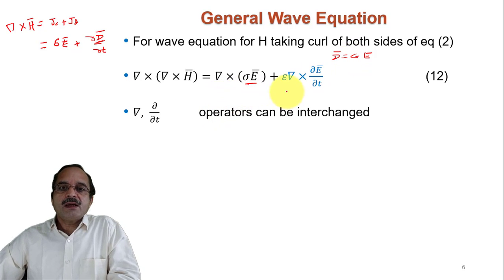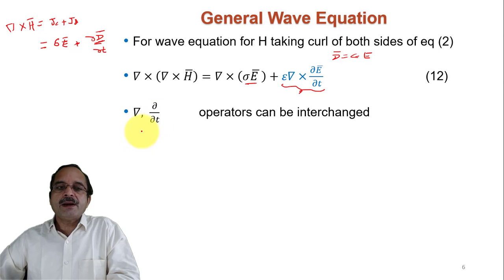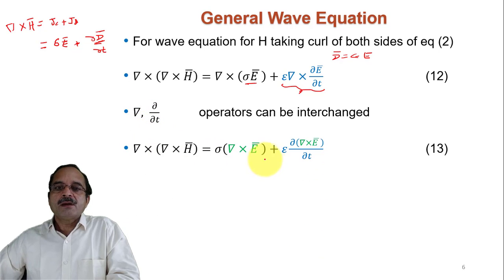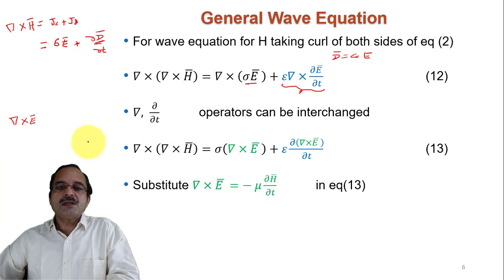Now as we did earlier, we can interchange the order of the operators, del operator and the derivative operator, rewriting this as epsilon d/dt del cross E. Now in this equation number 13, we will substitute del cross E equal to minus mu dH by dt.